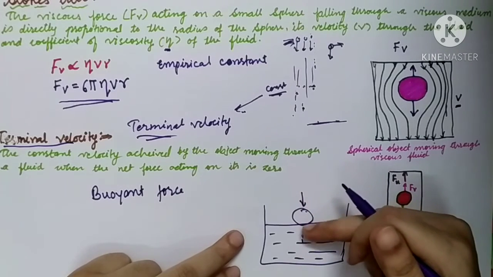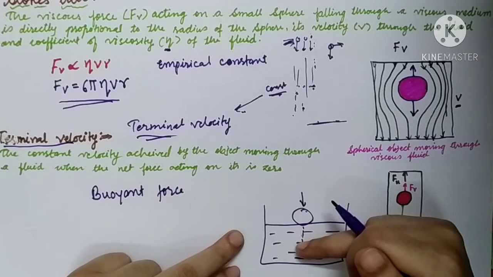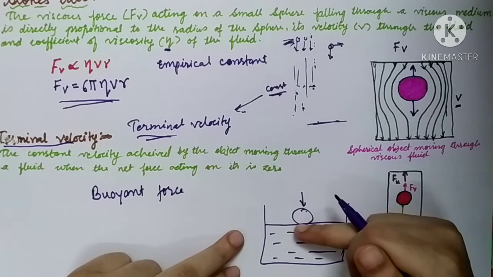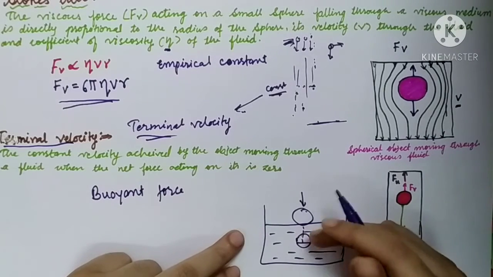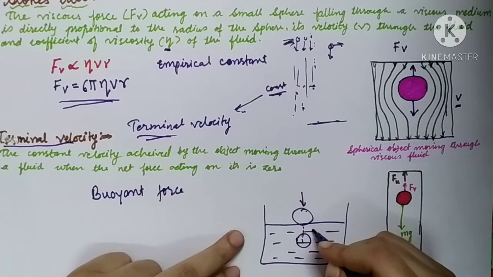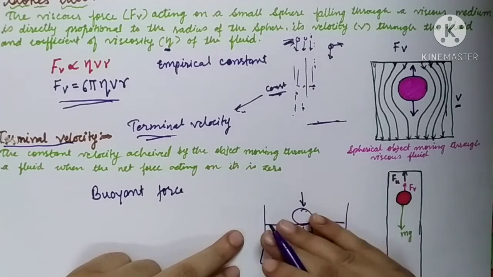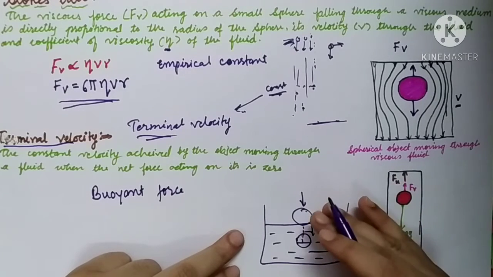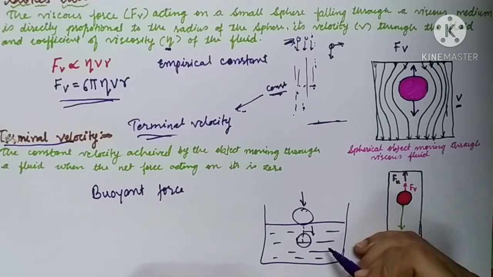Obviously, because we have applied force, this object is going to move in a downward direction because the force is still there. We have not removed our finger, but once it reaches a certain level below, you remove your finger, remove the force which we have applied on it.